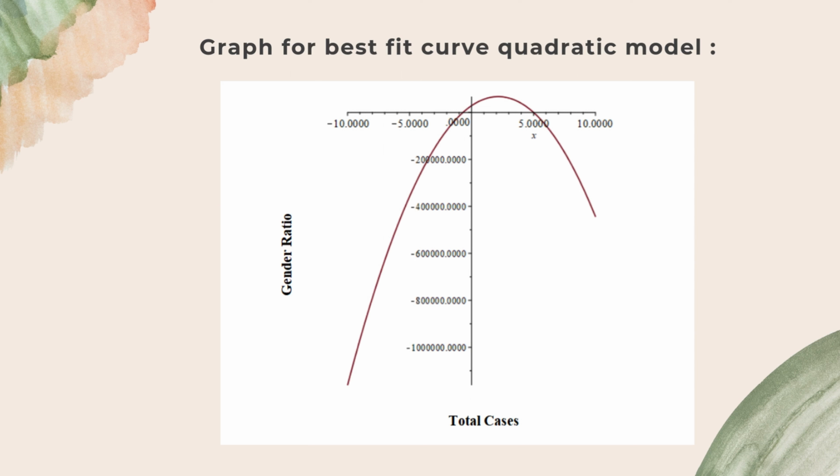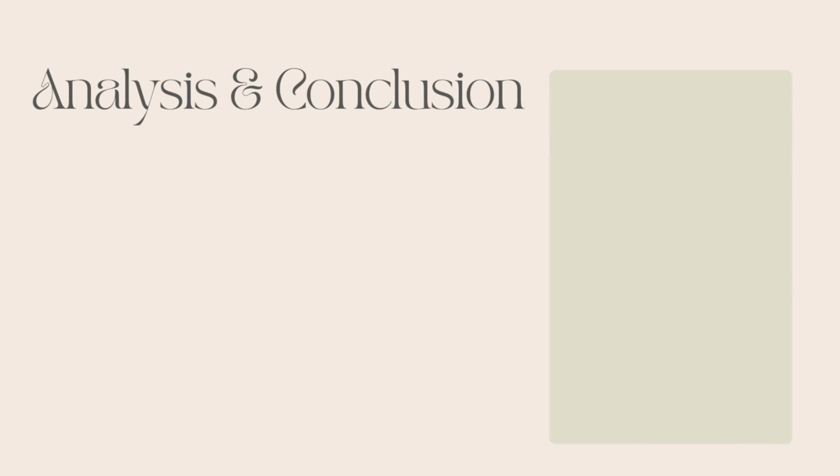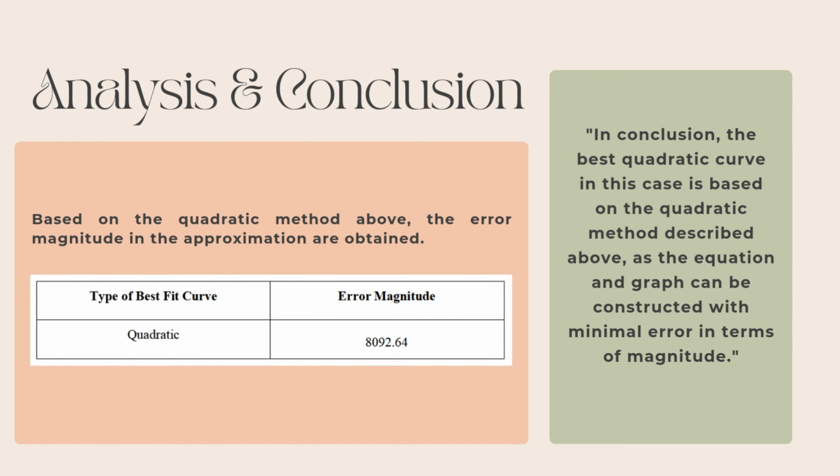We plot the data points and we got the best fit curve that we have calculated manually, and as you can see in the picture, we got a curved line. So for analysis, we can conclude that based on the quadratic method above, the type of best fit curve is quadratic and the error magnitude that we obtain is 8092.64.